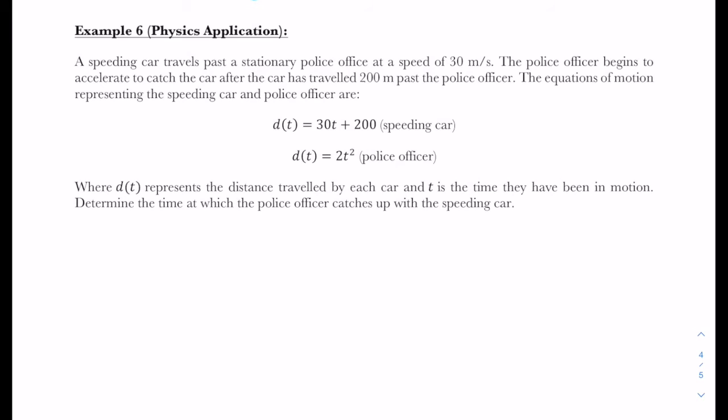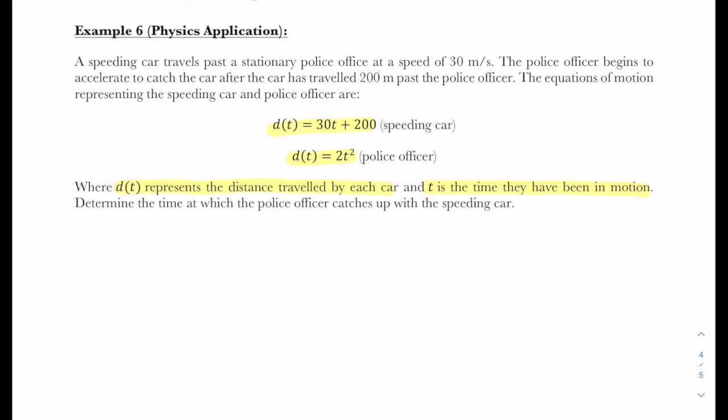These are shown below. So notice that the equation representing the distance traveled by the speeding car is just a linear equation, and the equation representing the distance traveled by the accelerating police officer is something that resembles a quadratic equation. Here, d of t represents the distance traveled by each car, and t is the time that they've been in motion.